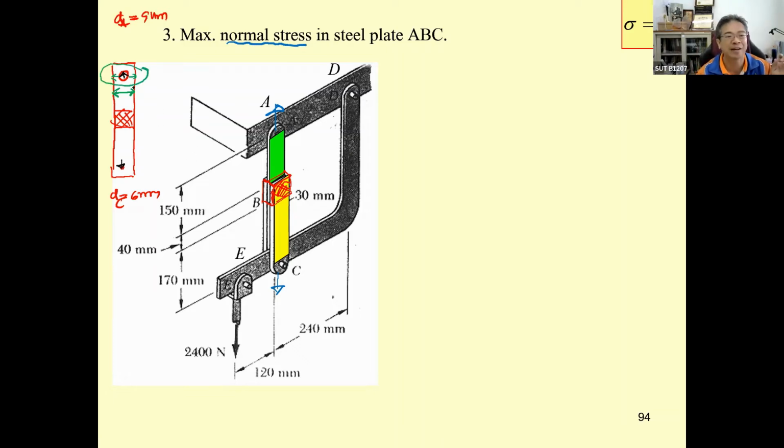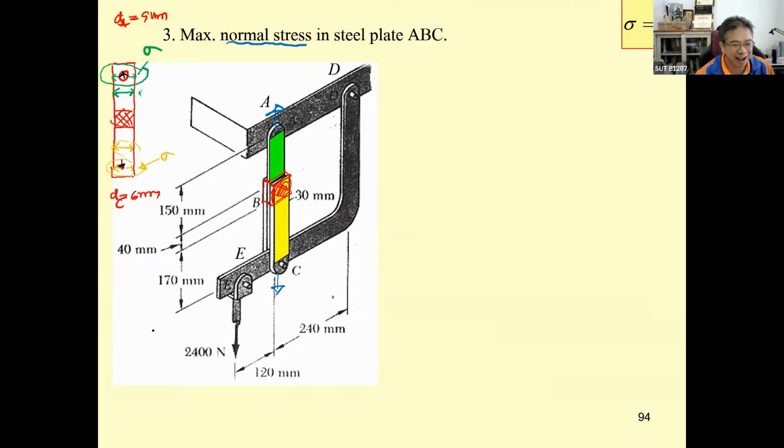It's going to have a larger stress than this portion. And then we move to the next portion. The same consideration. The normal stress in the BC portion may be determined from this one and from this one. And the stress that controls on this portion will occur here.